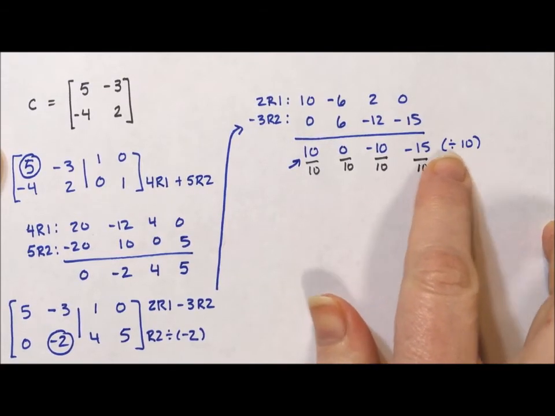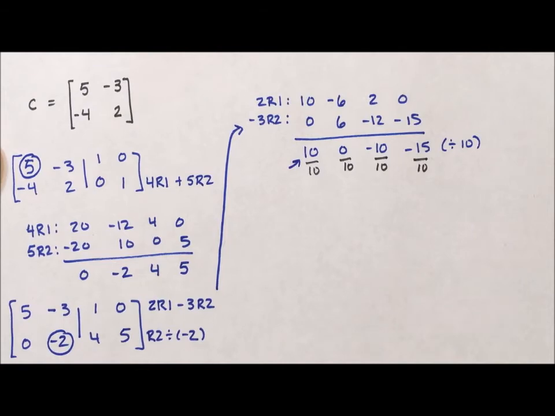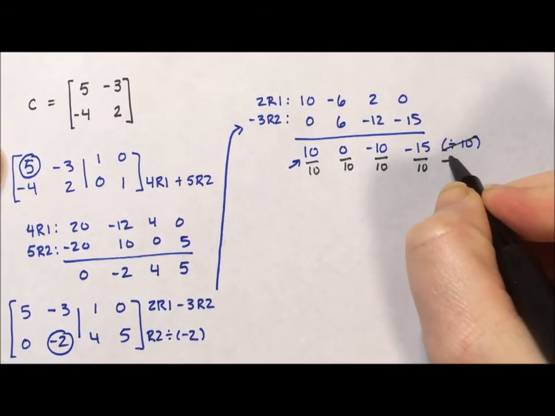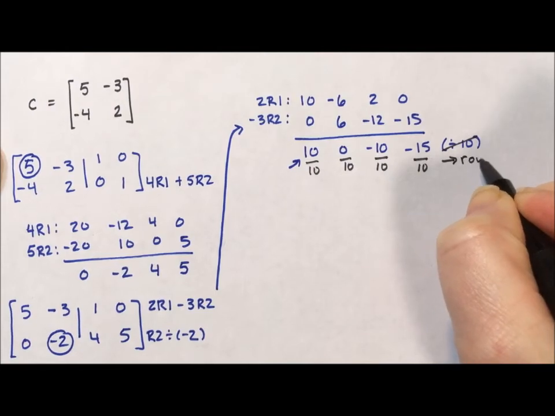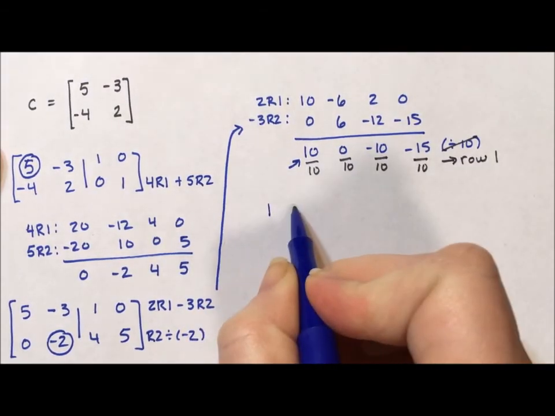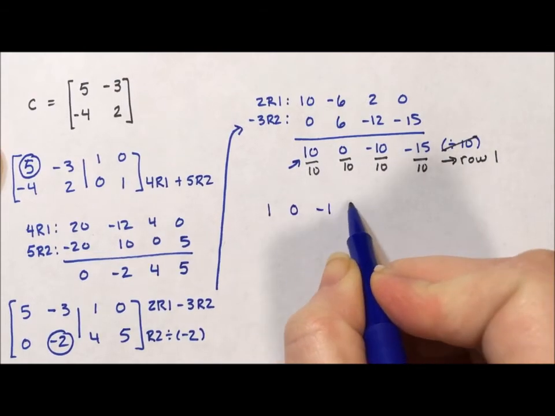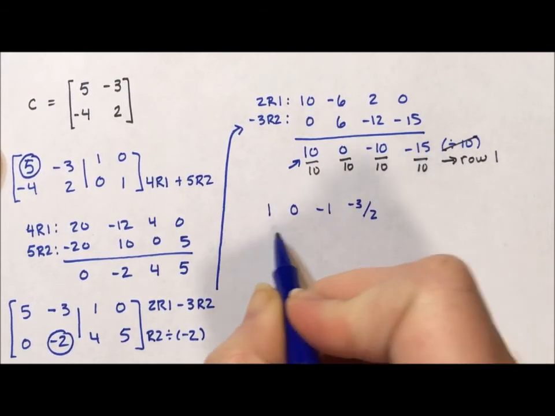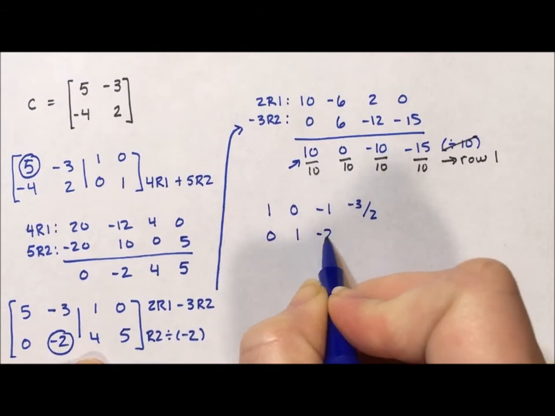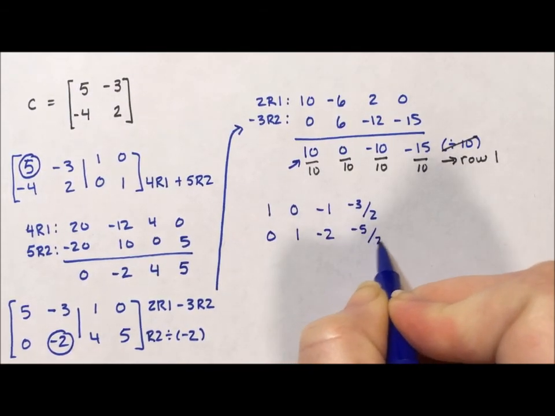This to me is enough for me to understand, but also the students who do that instead of this, they put an arrow and they say to row 1 so that they really can follow their notes and know exactly what's going on. Okay, so 1, 0, negative 1, negative 3 halves. Divide this by negative 2, we get 0, 1, negative 2, negative 5 halves.